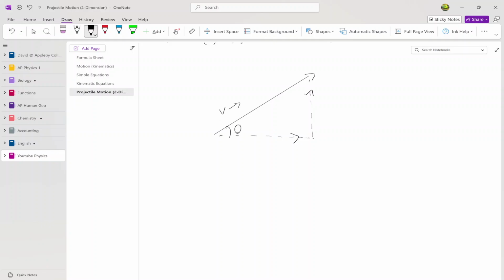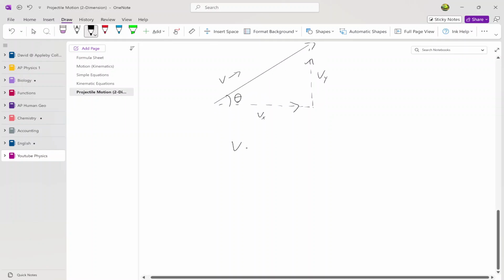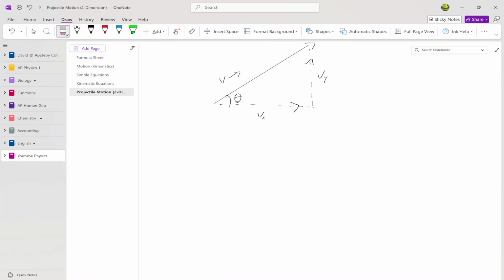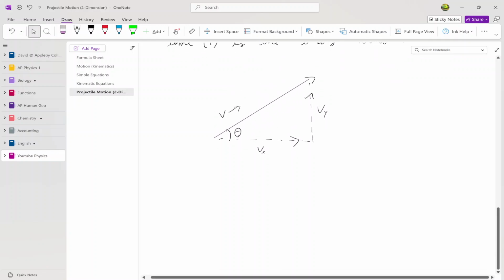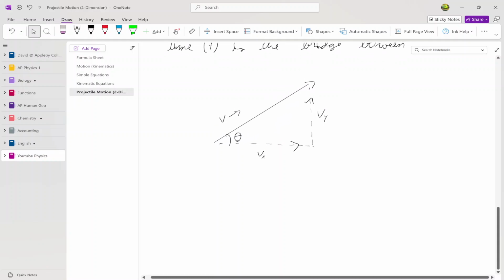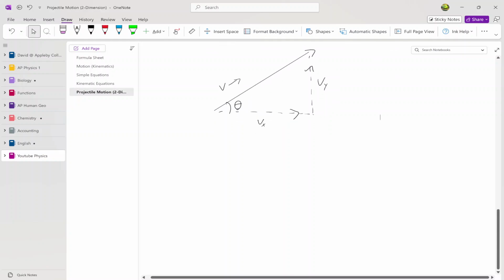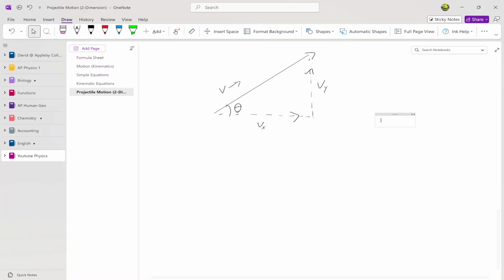So here's the angle, and then this would be called the... I always call it like this. Okay. And if you're wondering how to get the equations for each one, you just use SOHCAHTOA and trigonometry.